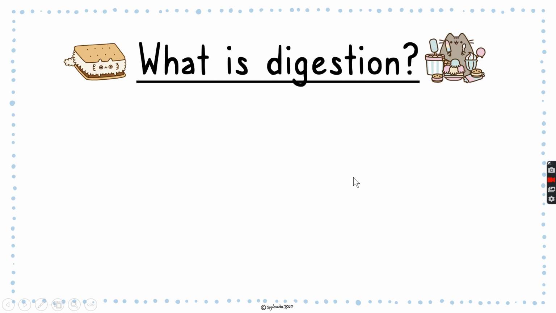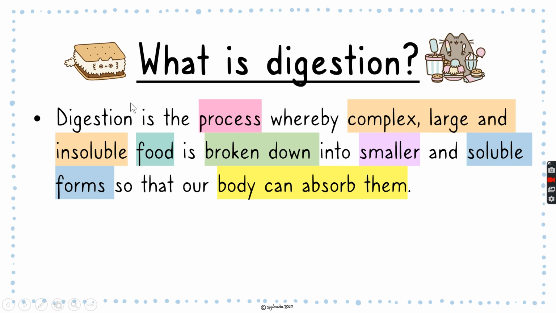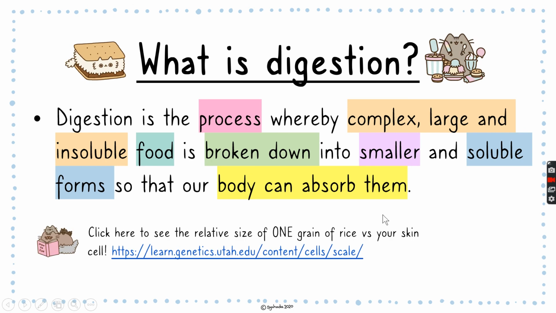Alright, so what is digestion? It helps us to achieve all of those so that the food becomes soluble and small. Digestion is a process whereby complex, large, and insoluble food is broken down into smaller and soluble forms so that our body can absorb them.